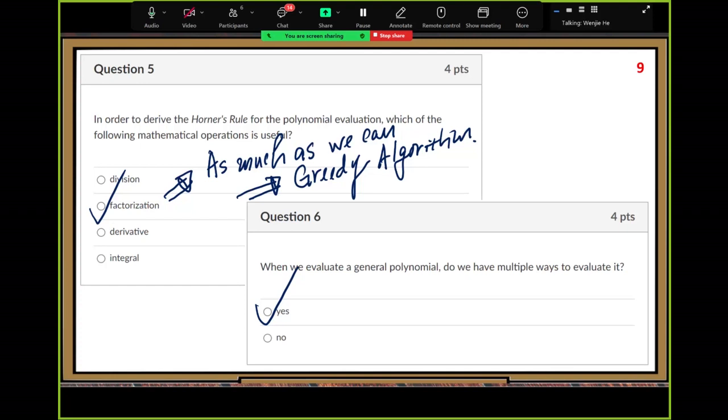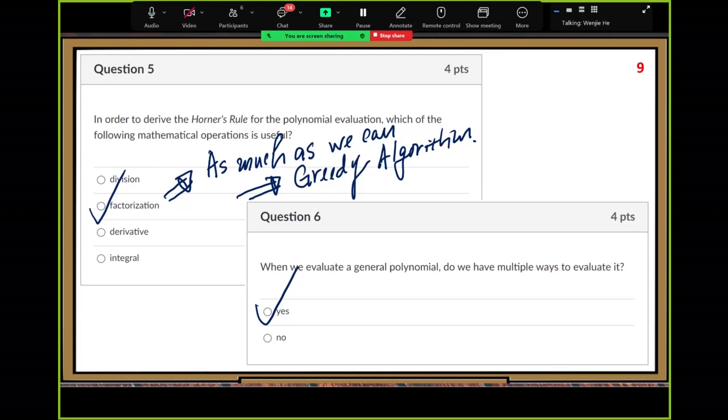Some students skip the videos, not quite familiar with our notes. Then they answer the questions based on their intuition. If they use their intuition, they only know one way to evaluate a polynomial, the brute force way. That's the way they know. Other than the brute force way, they do not know any other.